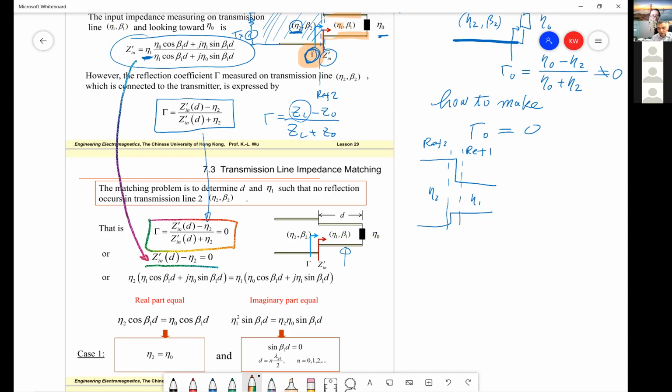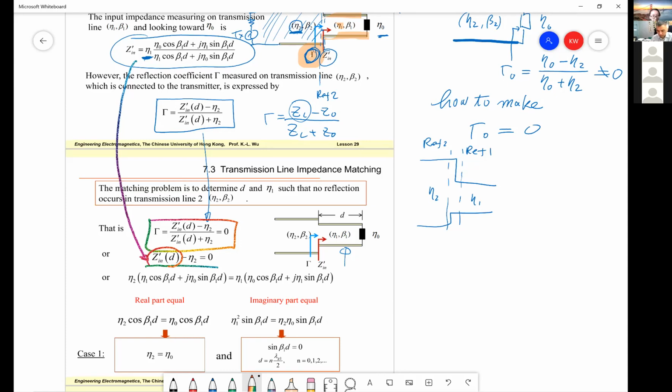If you substitute this and set it equal to 0, basically we have two things that equal 0, one the real part and one the imaginary part, because this is a complex number.